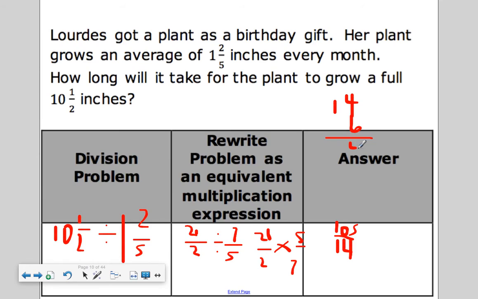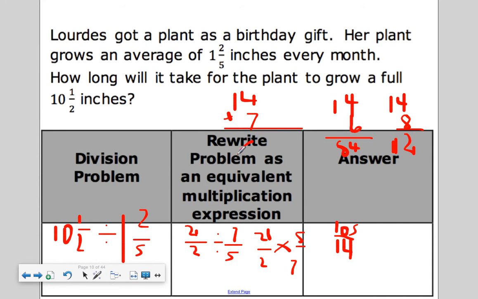That's 24. That's 84. Nope, not enough. Let's try 8 times. If 6 is too small, make it 8. That's 112. So 8 is too big, so it must be 7 times. So how many 14s go into 105? About 7 times.